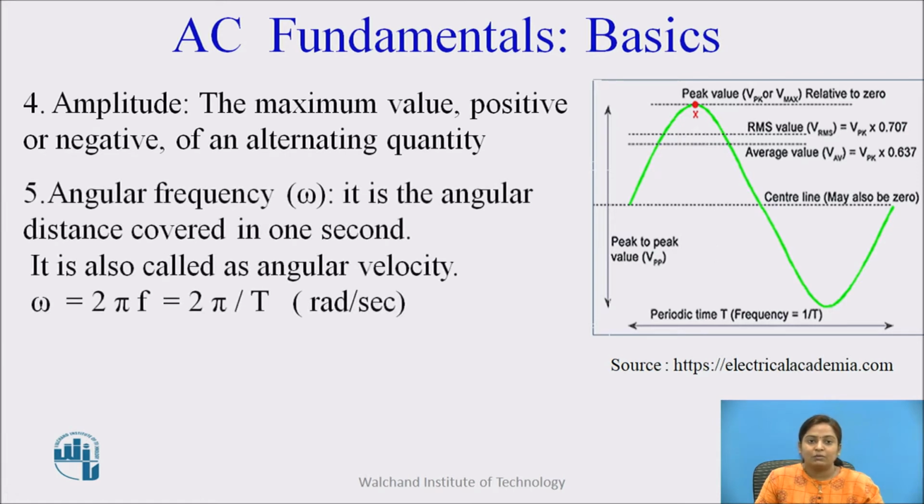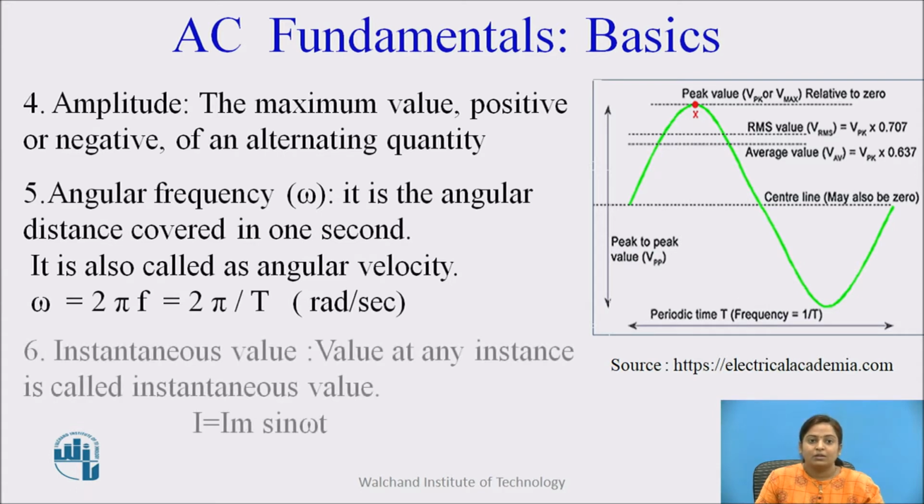Then the angular frequency: it is the angular distance covered in 1 second, which is called omega, or it is also called angular velocity, which is 2 pi f. Then the instantaneous value: the value at any instant of time is called the instantaneous value, and it can be written as i = Im sin omega t.